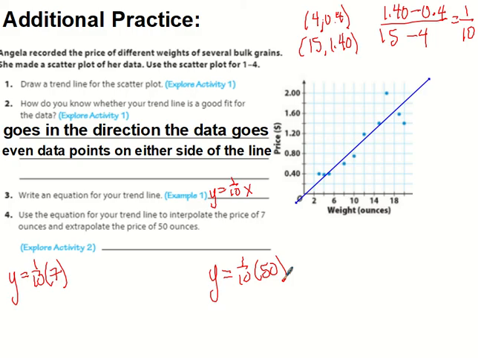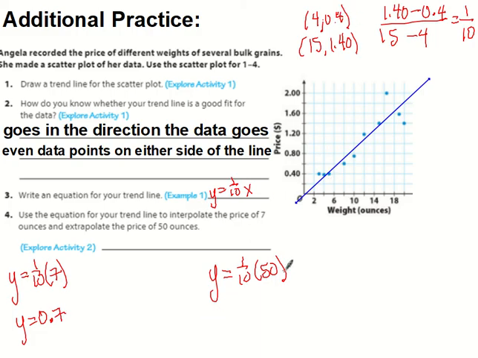Let's not worry about the words interpolate and extrapolate right now. Let's just practice first finding what the price is at 7 ounces and 50 ounces. So if I take 7 times 1/10, we're just going to get 7/10. That's 7 over 10, which makes sense because 4 was 4/10, right?